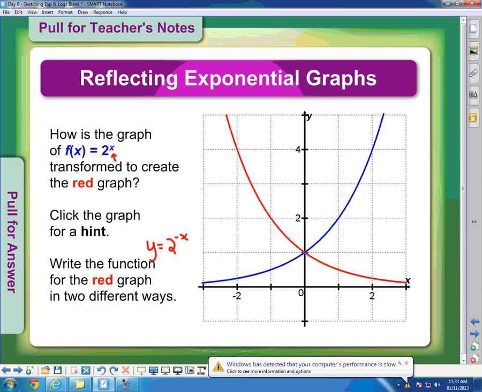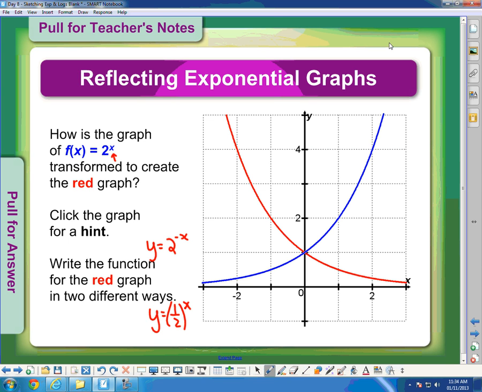You see how the numbers are getting half as big, half as big, half as big as you go down the graph. So the other way to write it is y equals 1/2 to the x. But when we're comparing it to our translations, I like to think of it this way, because you see the negative inside the function. Inside the function does things left and right, so it's going to flip it left or right.